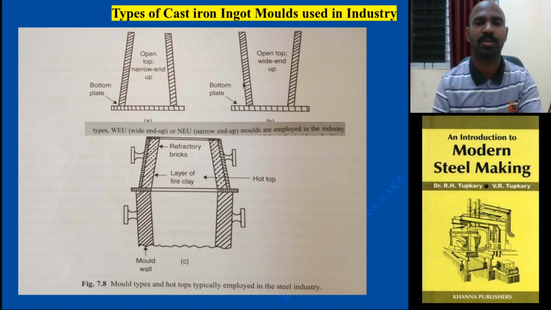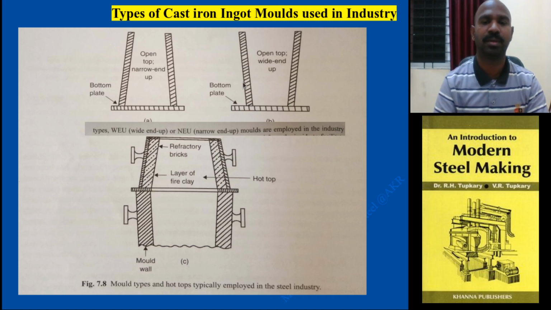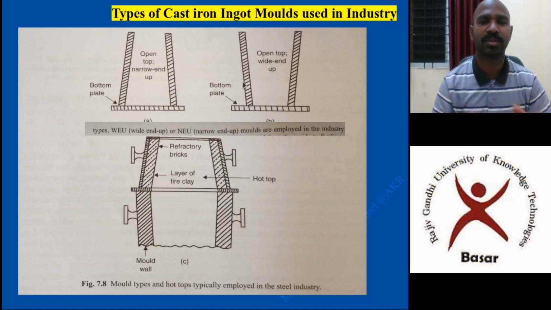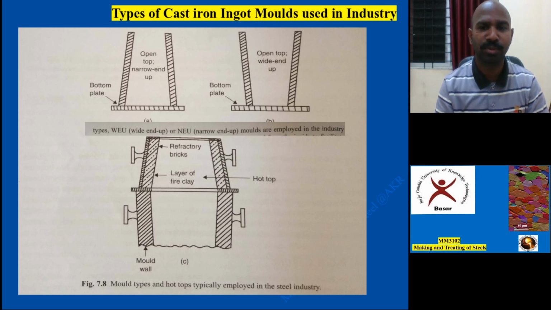Even today, for the production of alloy steels and special steels, and in secondary refining and secondary steel making processes, ingot mold steps are used.